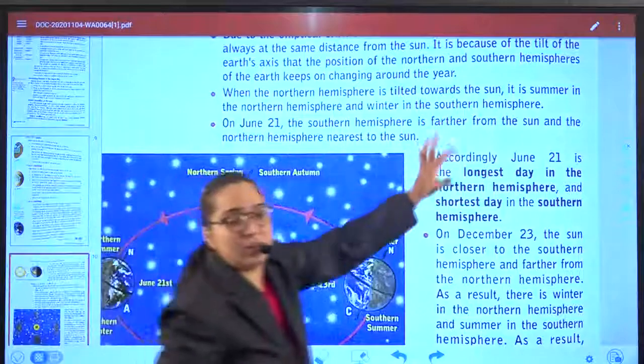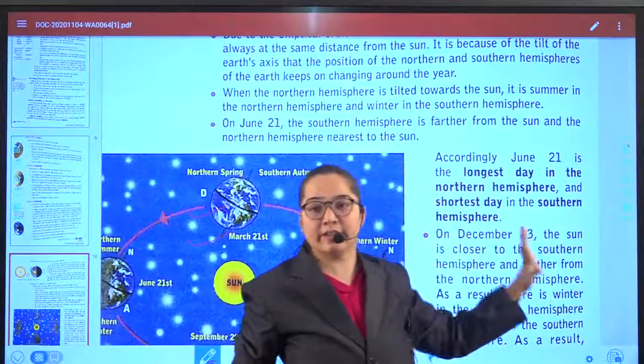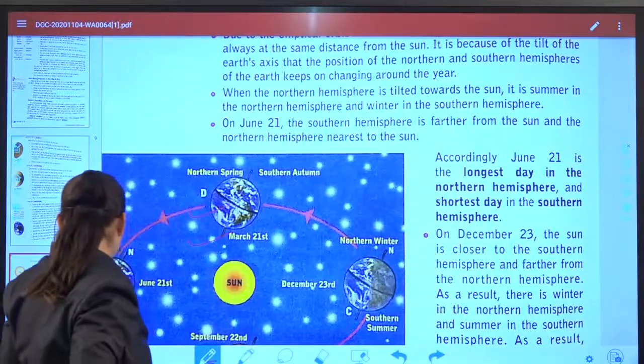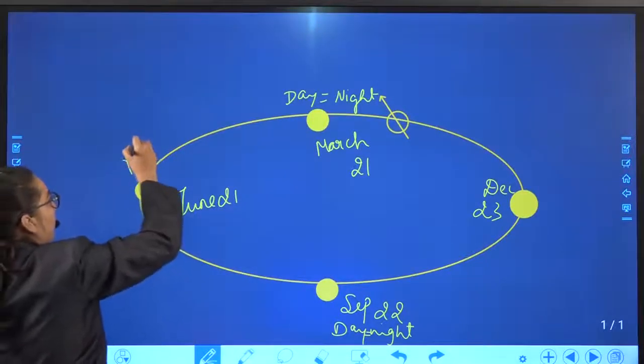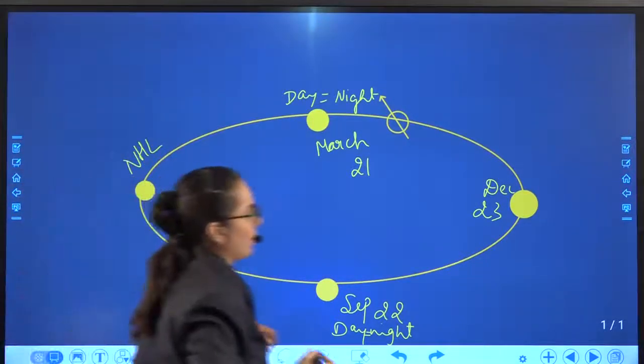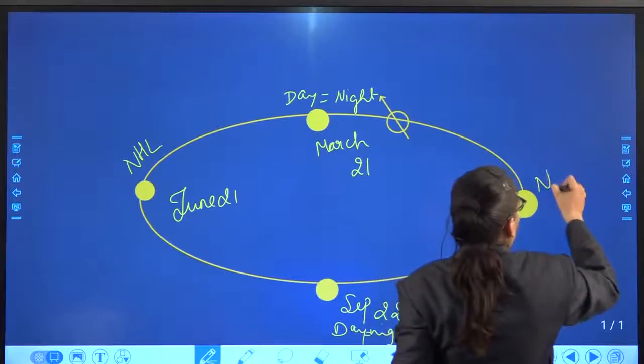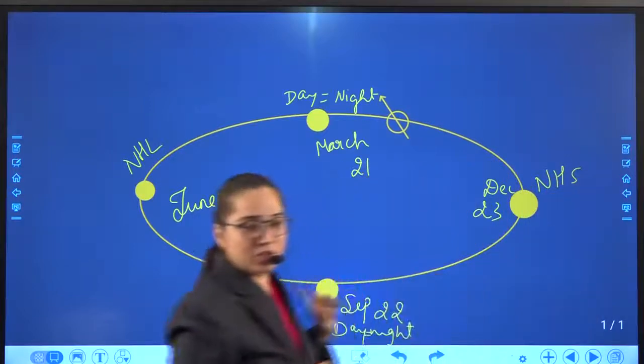June 21, longest day in the northern hemisphere. December 23rd, northern hemisphere short.